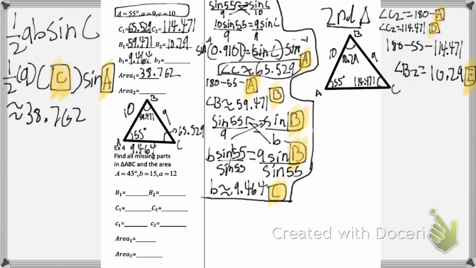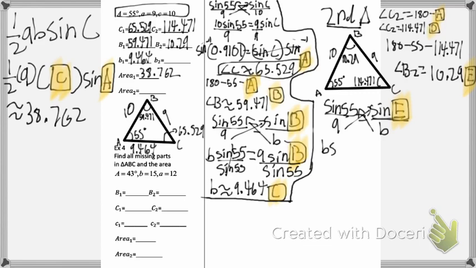Now for side B2, we can do sine 55 over 9 equals sine E over B. Let's highlight this. So let's cross multiply.